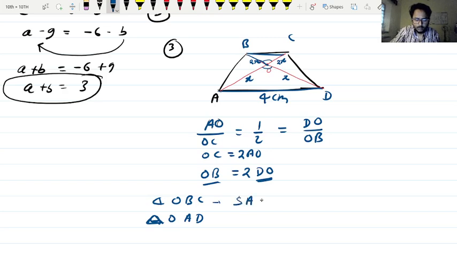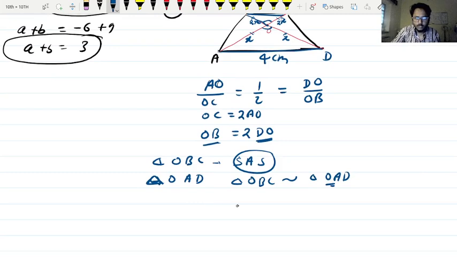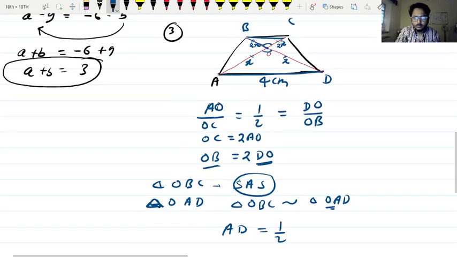So we can apply the SAS similarity property. Triangle OBC is similar to triangle OAD. So if two sides are in the same ratio, then we can say that AD is half of BC.